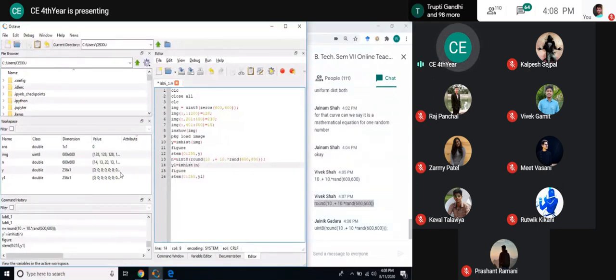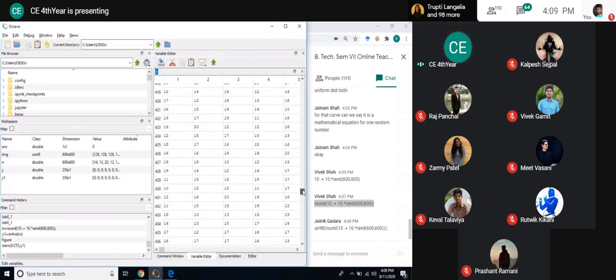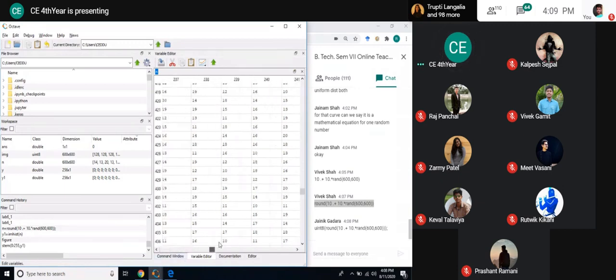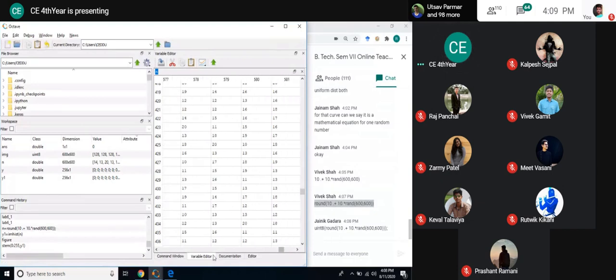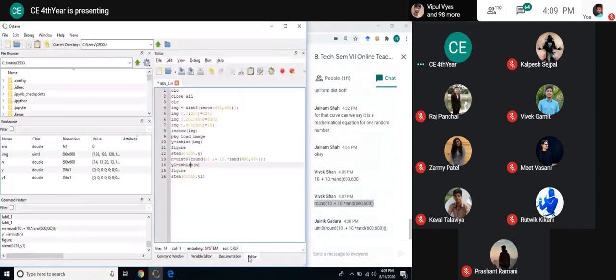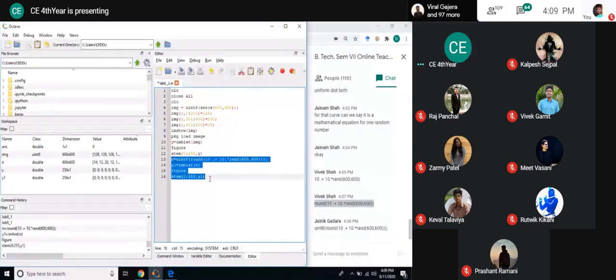Let me check the values first. It seems fine. Okay, so let us try with that. I'm not sure whether unsigned integer is going to help.